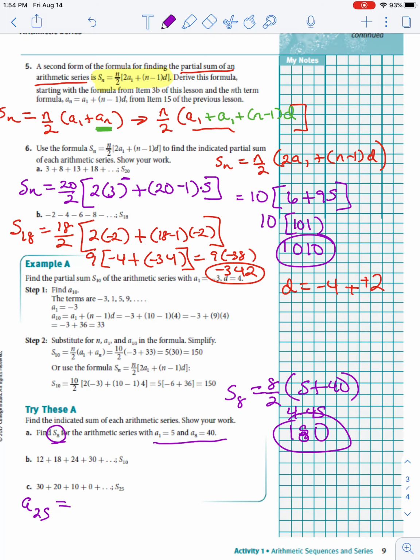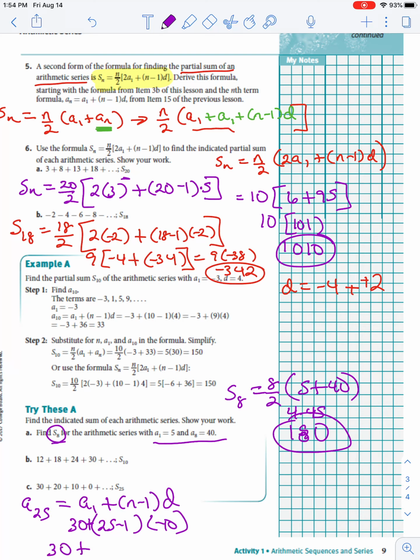I need to find A sub 25, and I know that formula is A sub 1 plus n minus 1, times D. And I know my A sub 1 I can see is 30, and n minus 1, 25 minus 1. And then my common difference is going down, so it's going to be negative. So 20 minus 30 is -10. So I could do this part first. I forgot my plus sign in there, put that in there.